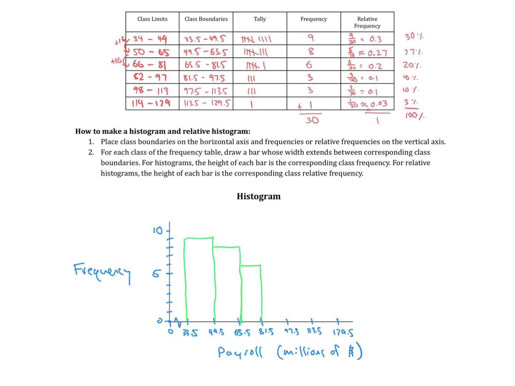And also notice that my bars are touching. They always have to be touching. There should be no space between them. 3, another 3, and then a 1. You can also put numbers at the top just to help the person reading your graph understand what your numbers represent.